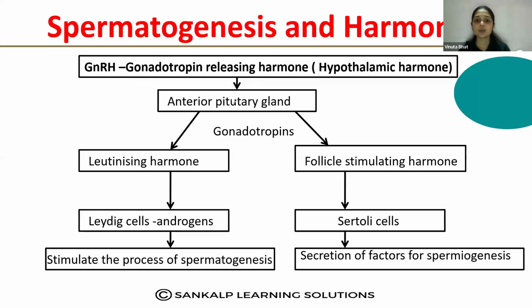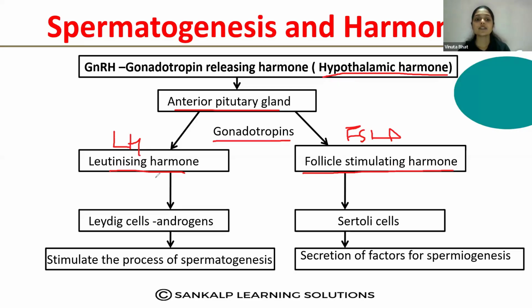It is also called a hypothalamic hormone, and it stimulates the anterior pituitary to release the gonadotropins. The anterior pituitary releases two hormones, LH and FSH. LH means luteinizing hormone and FSH means follicle stimulating hormone. These are called gonadotropins.